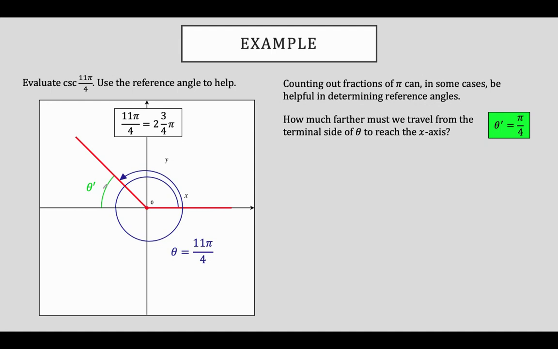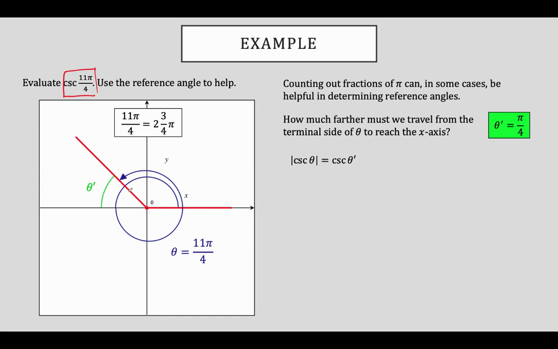So our goal now is to evaluate the cosecant of 11 pi over 4. Well, the cosecant of 11 pi over 4 is going to be equal to the cosecant of our reference angle, but possibly different in sign. The magnitude of the cosecant of theta is equal to the cosecant of theta prime. That's our relationship. Well, this angle, 11 pi over 4, is located in the second quadrant.